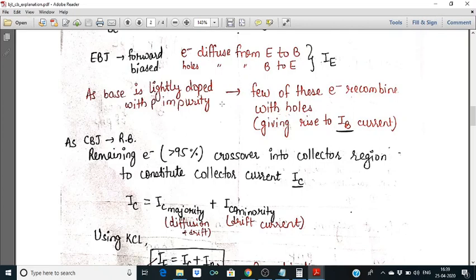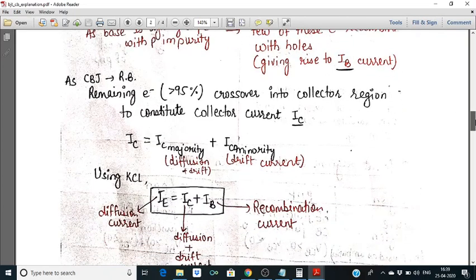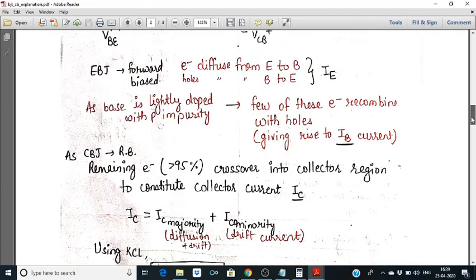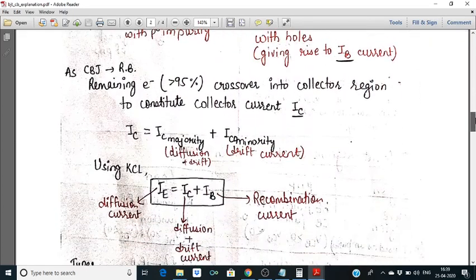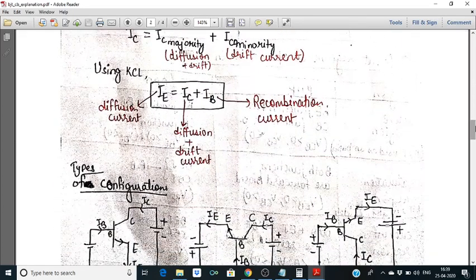The base is lightly doped, so due to few recombinations, we have a small IB current. The CBJ is reverse biased, so we get IC, which is a combination of current due to majority carriers as well as current due to minority carriers. According to KCL, IE equals IB plus IC.